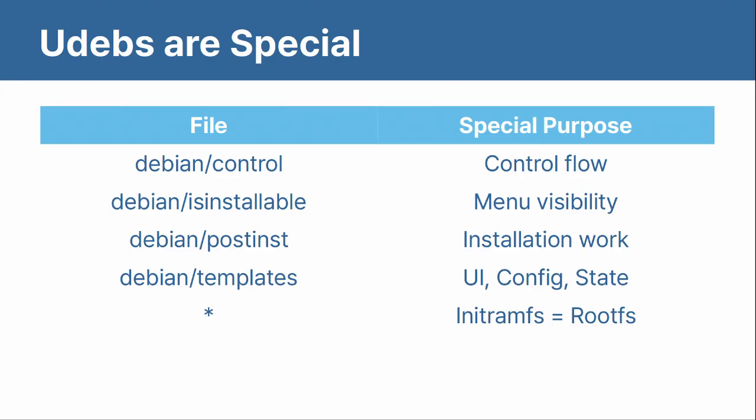Sometimes packages also communicate with each other through these Debian templates. Packages store configuration for themselves, then it gets tangled up. All the other files go into the file system, and the Debian installer build system packs everything up in an initfs that's essentially the rootfs of our operating system.